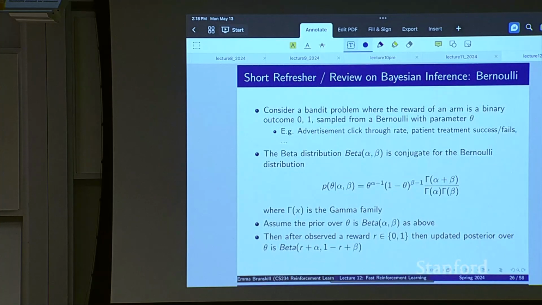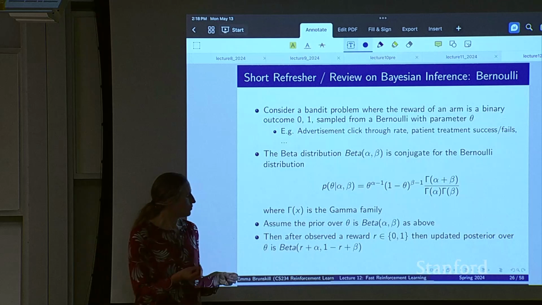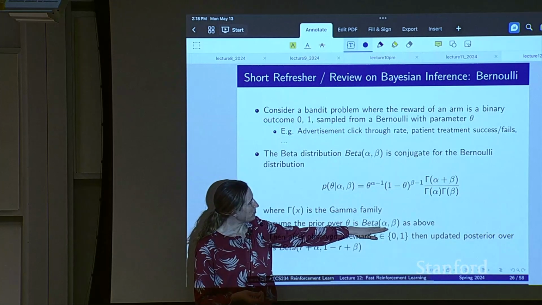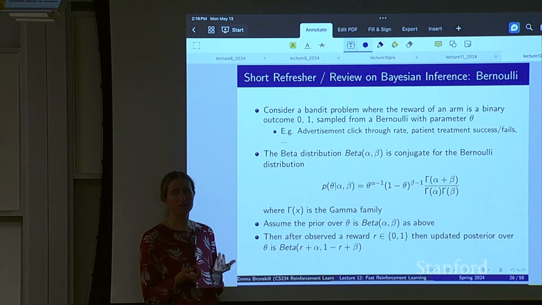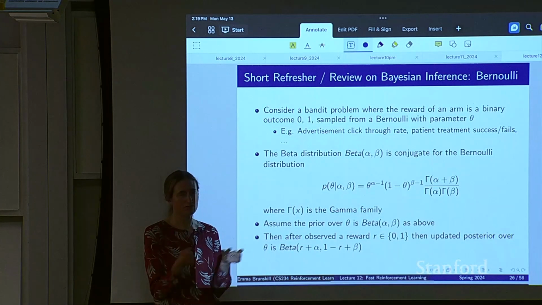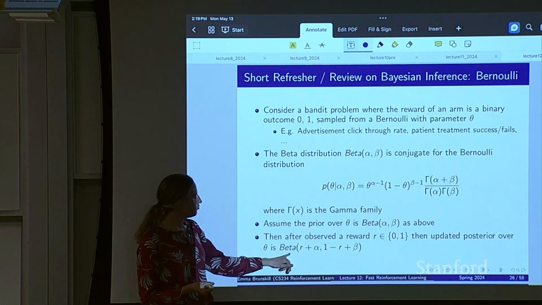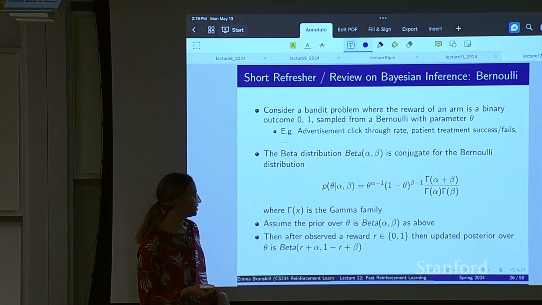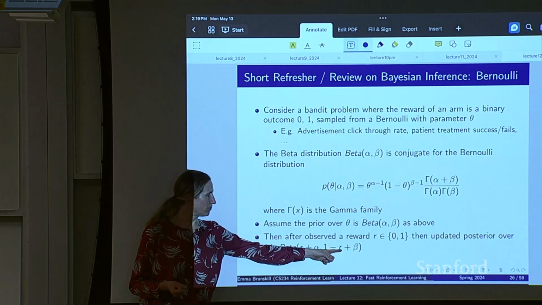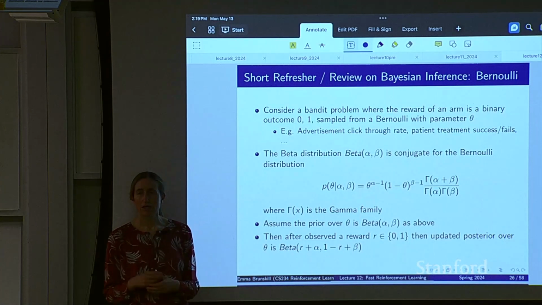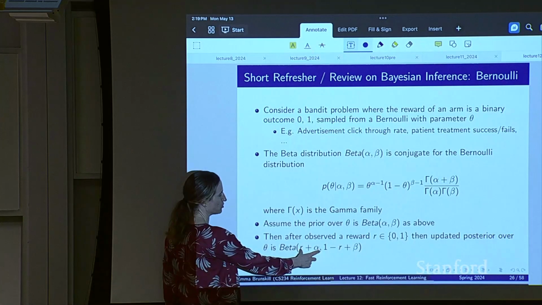But it turns out that it has a really simple intuition, which is, imagine you start with your prior being a Beta(alpha, beta), and then you observe a reward that's either 0 or 1, because your variable is just 0 or 1, it's a Bernoulli. Then your new beta, your posterior, is just Beta(r plus alpha, 1 minus r plus beta). What does this mean? If you observed a 1, then you increment your first parameter.